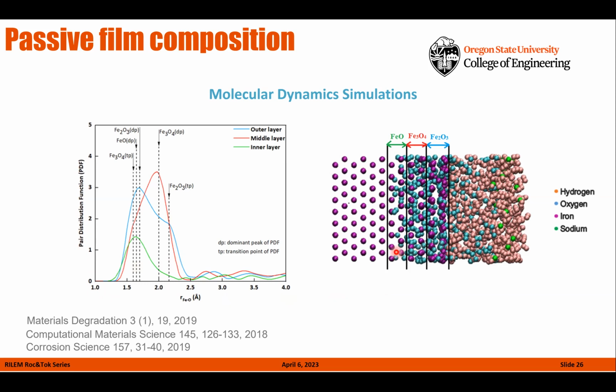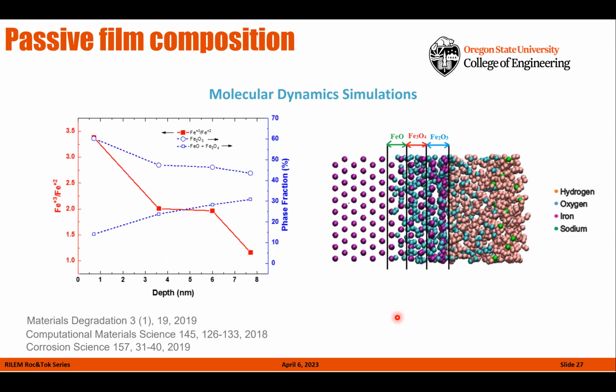You actually confirm the observations that we had from, say, EELS or XPS analysis that gave us a layered oxide structure where the inner layers are mainly in the form of Fe2 oxides and outer layers are in the form of Fe3 oxides, and between there's a transitional period. And that Fe2 to Fe3 ratio increases as you go deeper into the passive film. That's basically just to remind you of the XPS data that we had before.